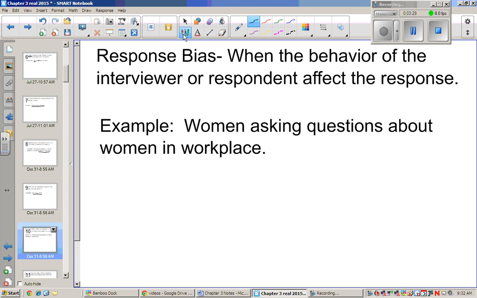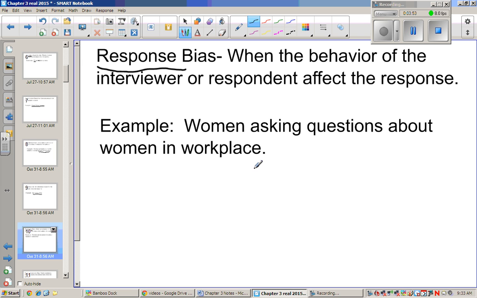Now, this is another big one, response bias. Response bias is when the behavior of the interviewer or the respondent affects the response. One example is when women are asking questions about women's rights in the workplace. And you could do the same thing if it was just men asking questions about women in the workplace.